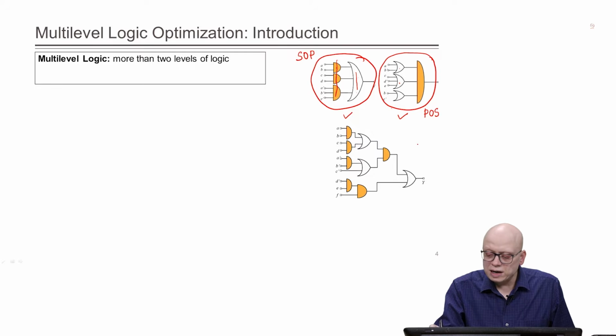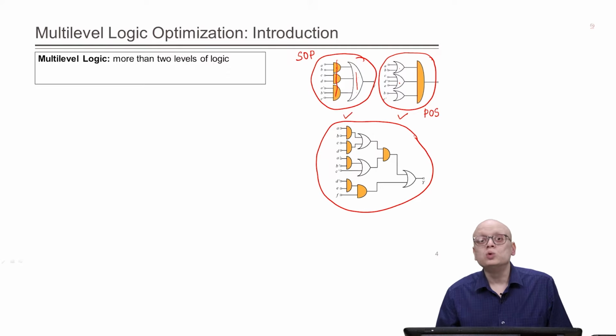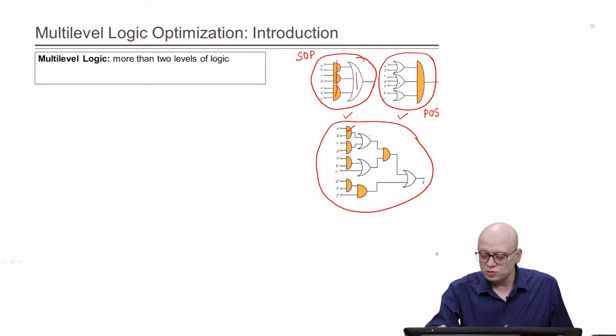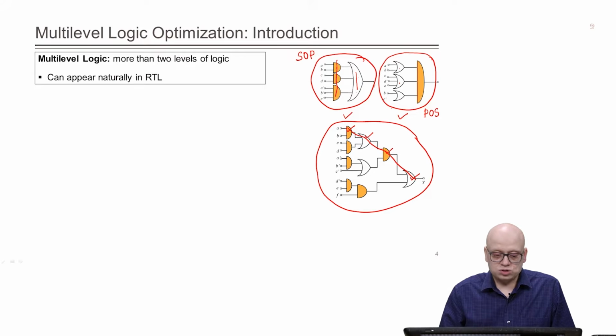Now, in multi-level logic, we have multiple levels of logic, meaning more than two levels. For example, in this circuit, we have AND followed by OR, then again AND and then followed by OR. So, there are four levels of logic in this path, which is more than two, and that is why this is a multi-level logic. When we code RTL, typically multi-level logic comes up naturally. Why? Because in RTL there can be procedural blocks.